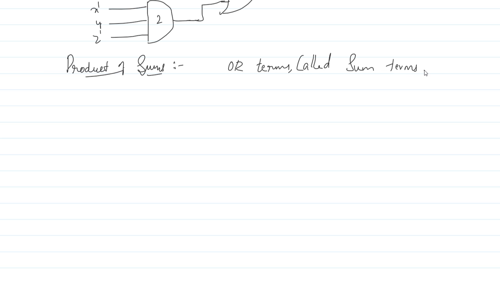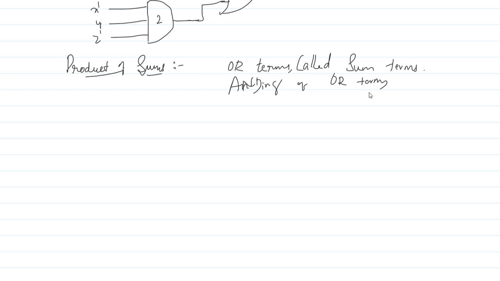Instead of calling them sums, you can also write sum terms. Okay. Each term may have any number of literals. Okay. The product denotes the ANDing of these terms. So ANDing of these terms, in the sense ANDing of OR terms, that's it, right? So I will write ANDing of OR terms.